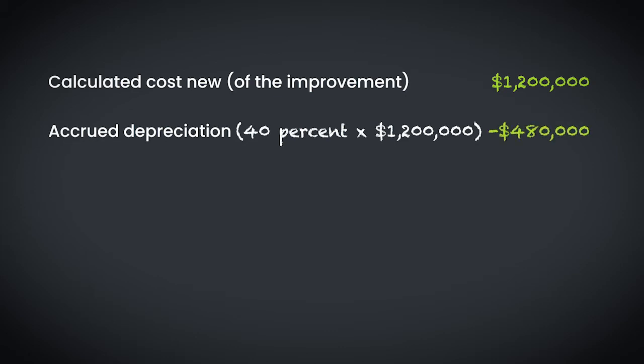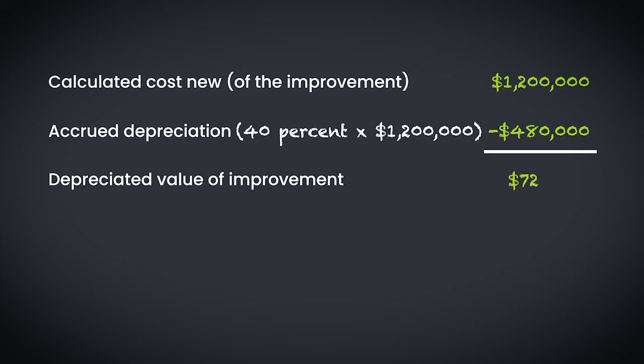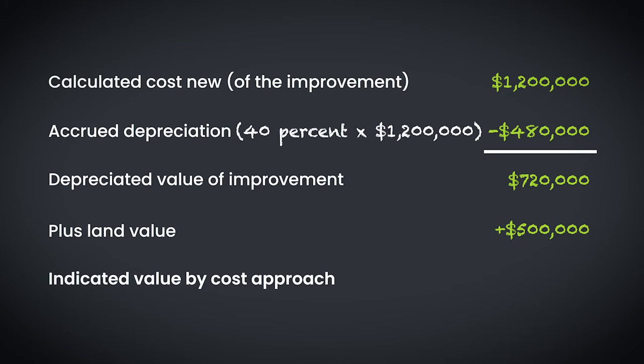We then subtract the accrued depreciation from the calculated cost new to reach a total depreciated value of the improvement of $720,000. We still have to add in the land value, which for this particular property is $500,000. This leaves us with an indicated value using the cost approach of $1,220,000.